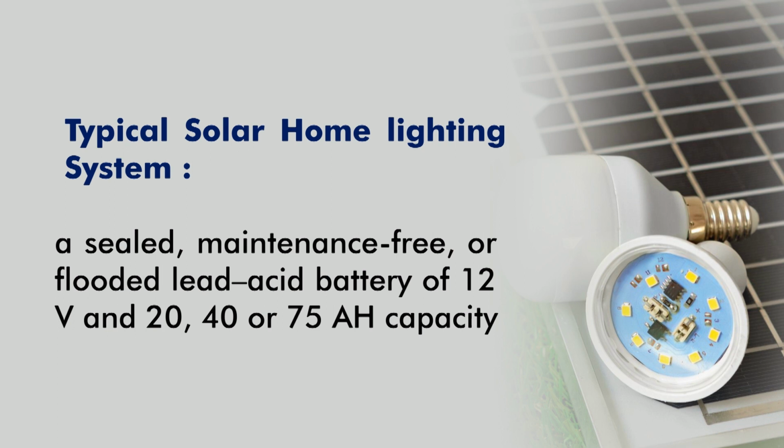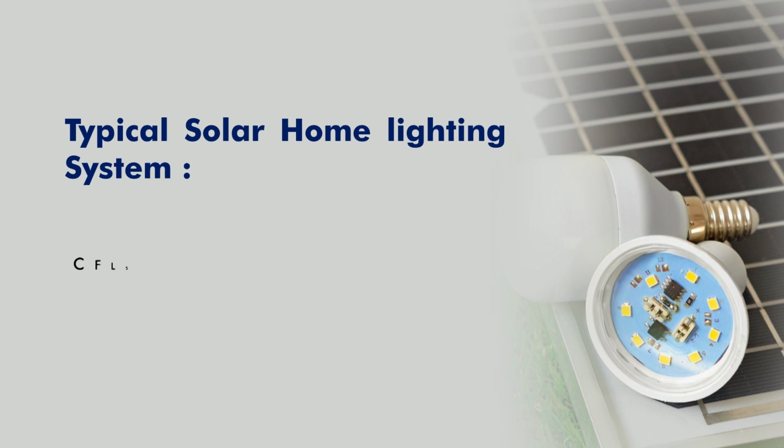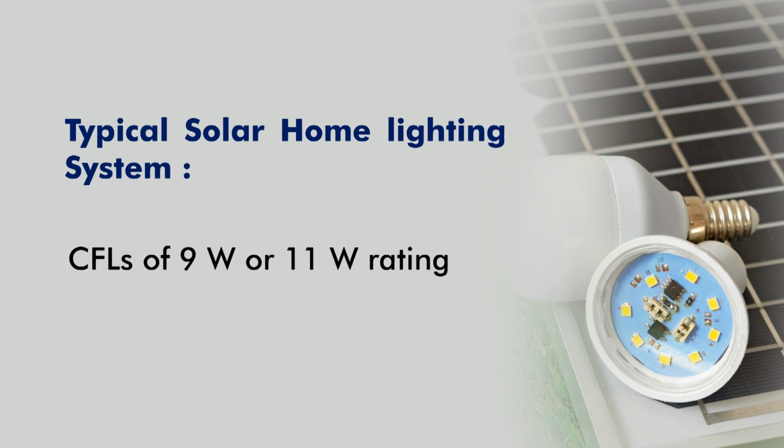It depends on how much power is required to operate the CFL, or you can say fan. Because we are talking about the solar home lighting system, a CFL is also required. This CFL may be of 9 watt or 11 watt rating, it depends.